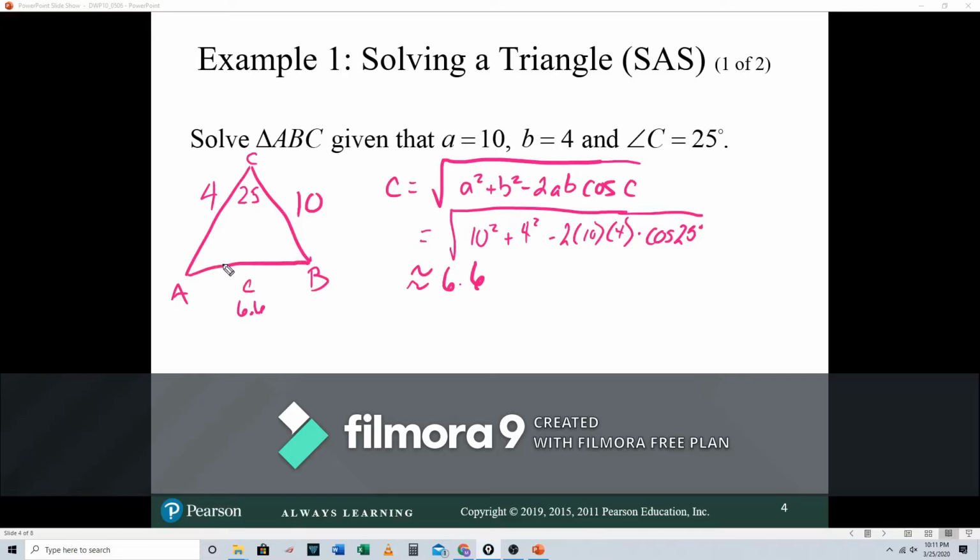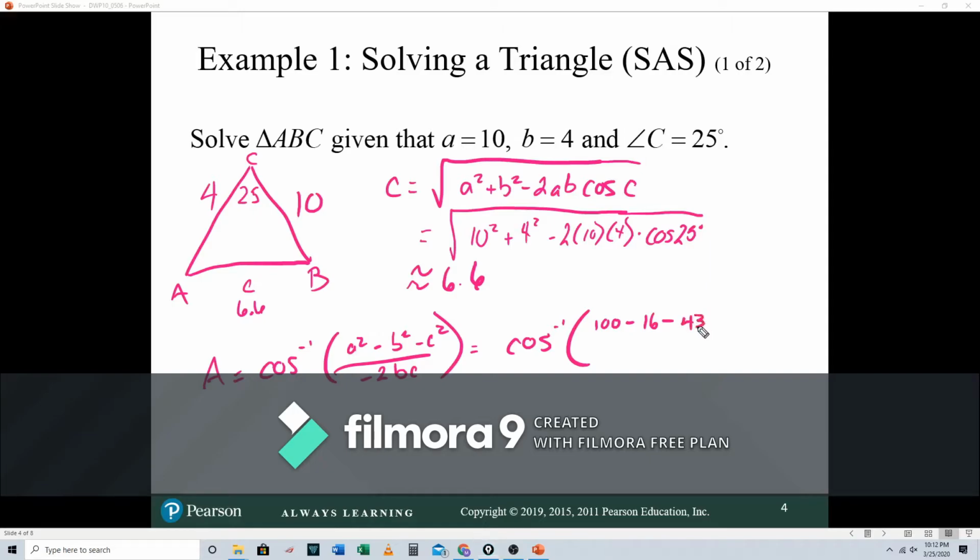Again, I can find angle B, it makes no difference. But I know that A is equal to arc cosine of A squared minus B squared minus C squared all over negative 2BC. So that's going to be arc cosine of 100 minus 16 minus C squared, so 6.6 squared. I know I'm rounding here, so I'm going to be off a little bit. That's 43.56.